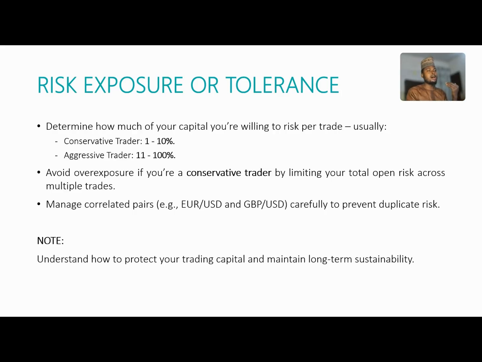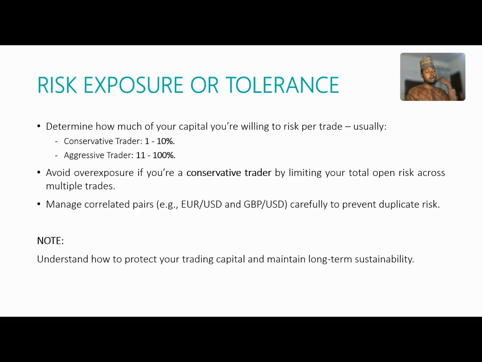Usually, conservative traders risk from 1% to 10% maximum, for those that want to go easy. But aggressive traders risk more than 10% up to 100%, because some of them can even risk 100% of their account because they want to flip it.